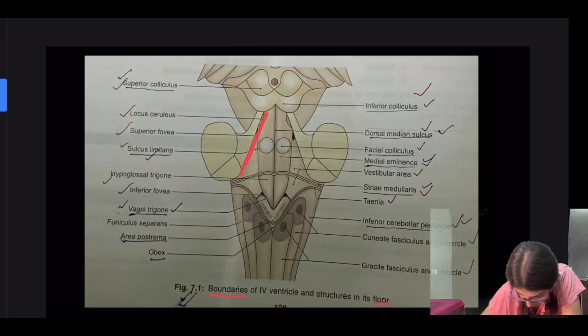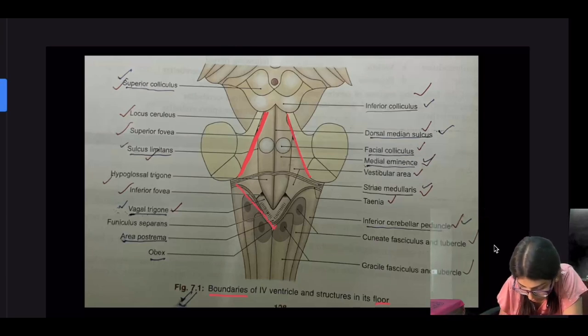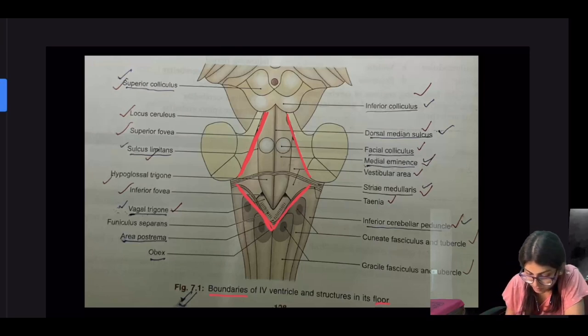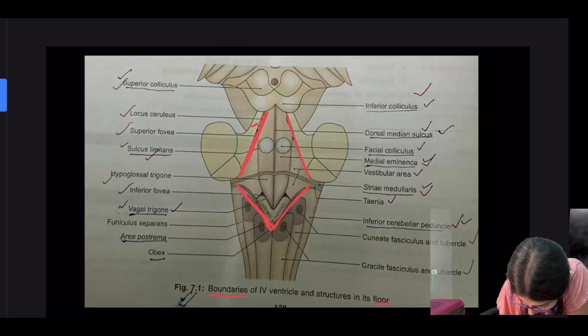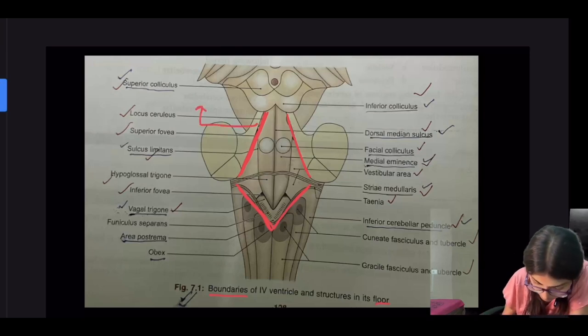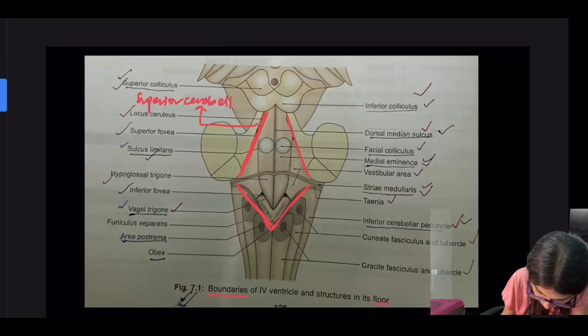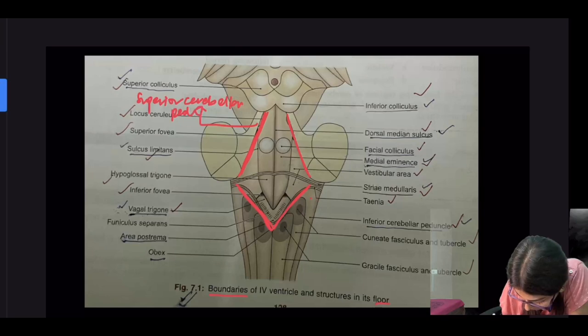This is our superolateral boundary, and this is our inferolateral boundary. The fourth ventricle is a somewhat diamond-like structure. The superolateral boundary is lined by the superior cerebellar peduncle, and this is our inferior cerebellar peduncle.